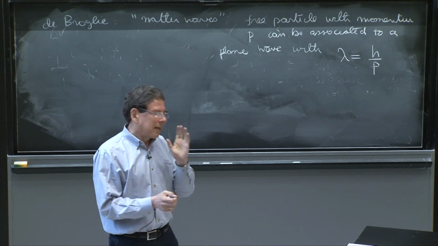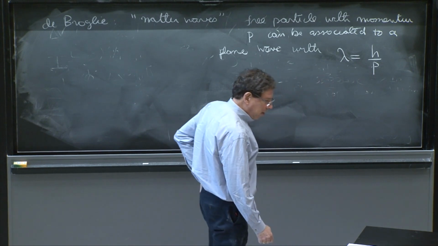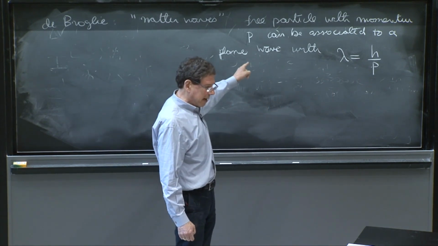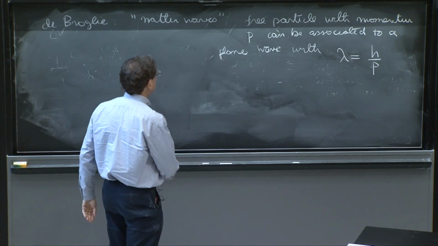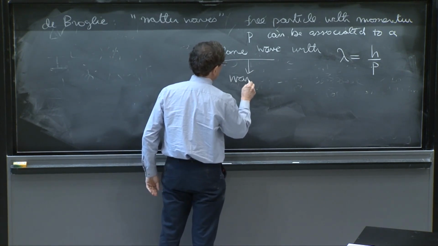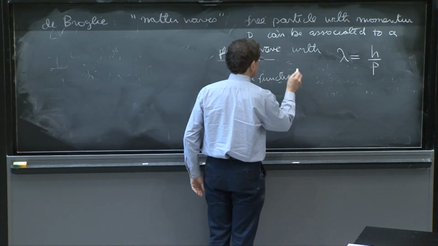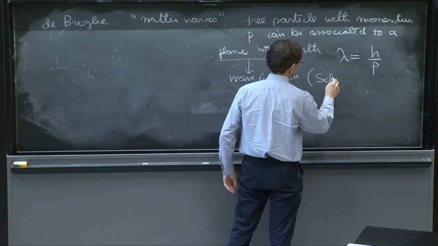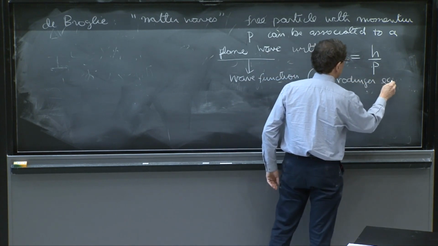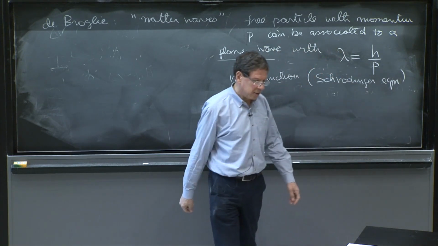So you're getting there when you talk about this wave. So Schrödinger equation is a wave equation for these matter waves, and this plane wave eventually will become the wave function. And there is a Schrödinger equation for it.